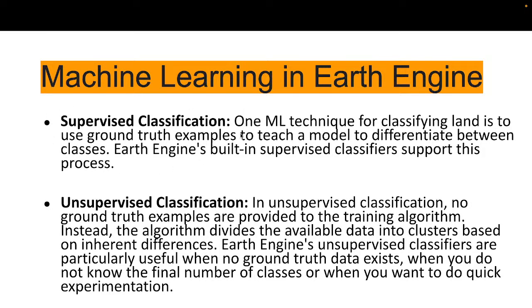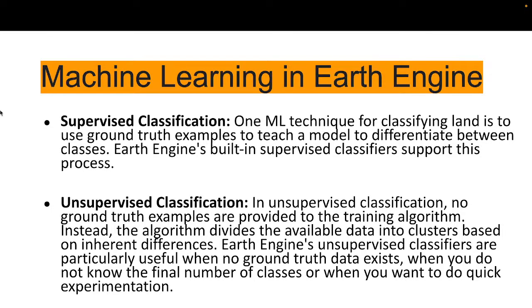And what is label data? Label data stores the information for specific classes. Suppose I create label data for water, for built-up, for forest. This type of label data I need to create when I apply supervised classification.